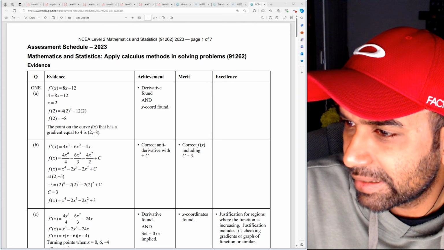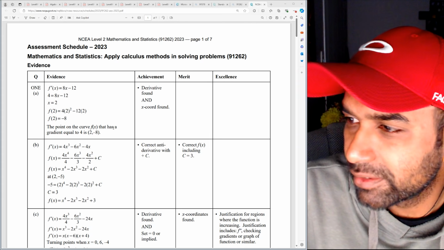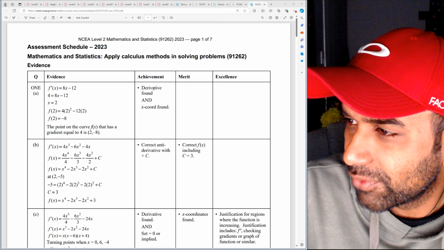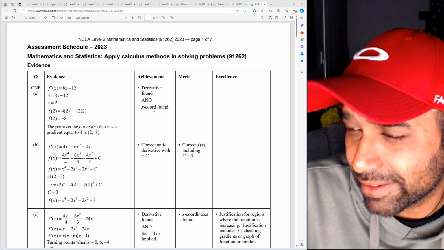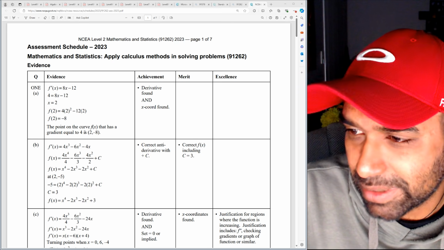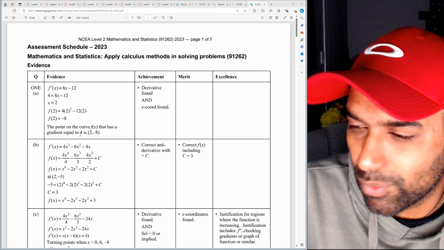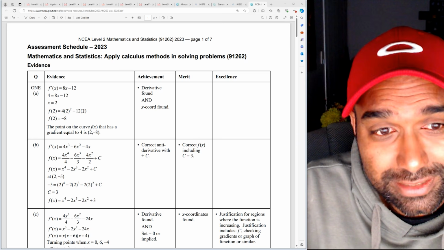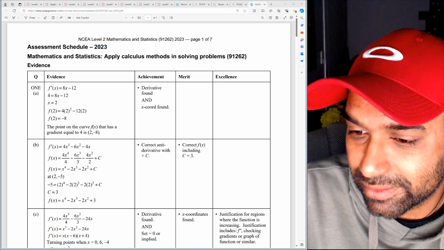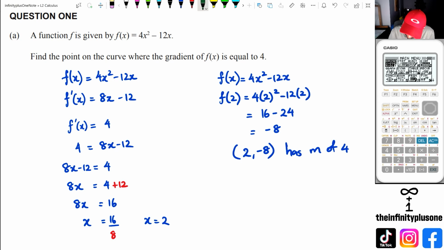As you can see, they've given the point 2, negative 8. However, for achieved, they've actually said derivative found and x coordinate found. There's not really much said about the y coordinate, but they did ask for the point, so 2, negative 8 is probably what you should be doing. So that's going to get you an achieved there, but you're also going to need the gradient function as well. All right, let's go to the next question.